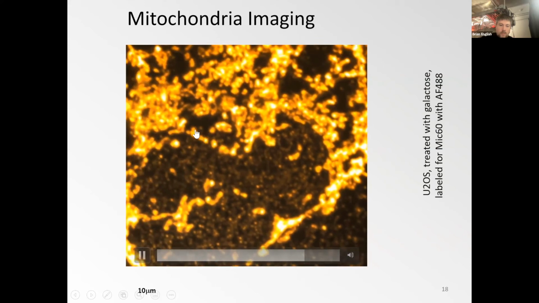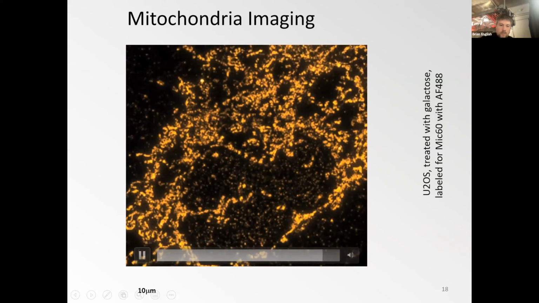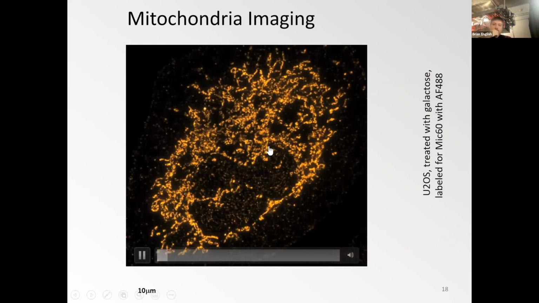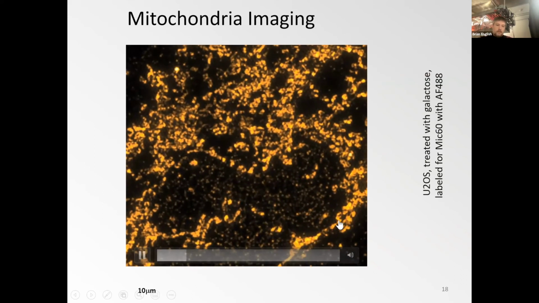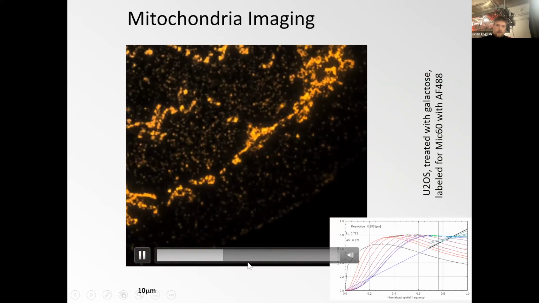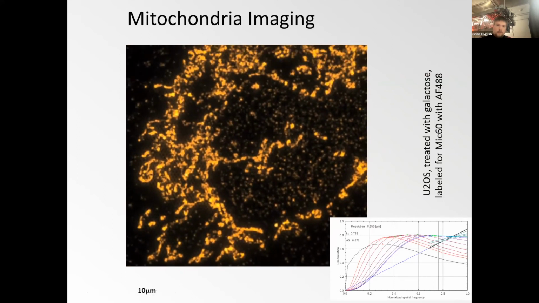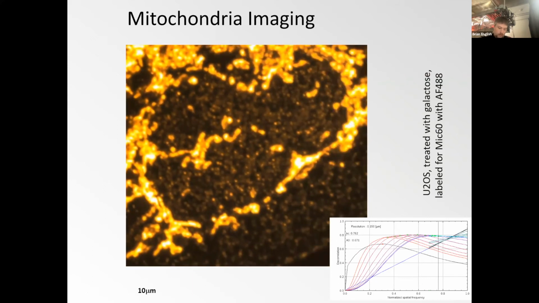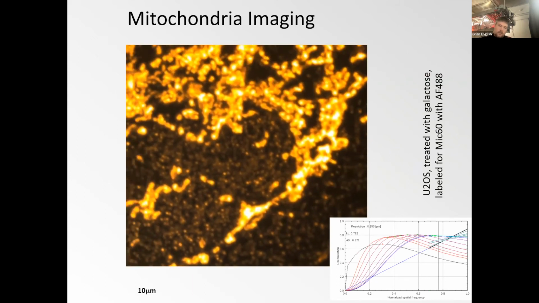The MIC60 should form small clusters in the mitochondria. They may be smaller than what we can resolve, but nevertheless you can appreciate in the OPSIM the increased level of resolution. And if we run Fourier decorrelation analysis on this cellular data, we can also see that we get about 150 nanometer resolution in a cellular context.